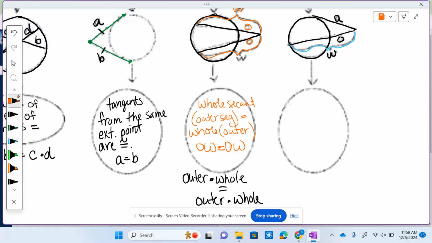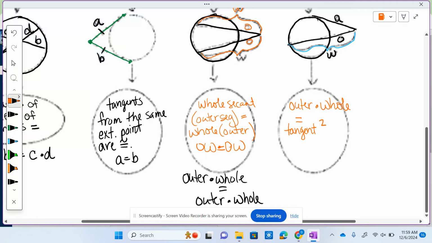So outside or outer times the whole equals the tangent squared. I have it labeled as A, so A squared equals out times whole. A squared equals out times whole.